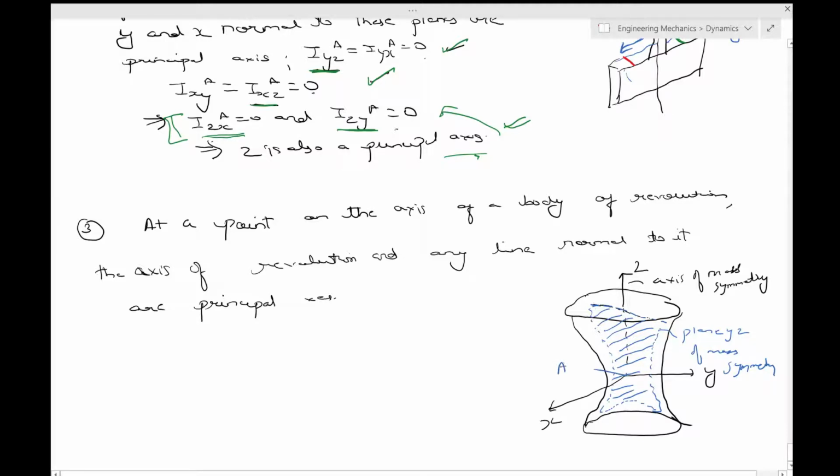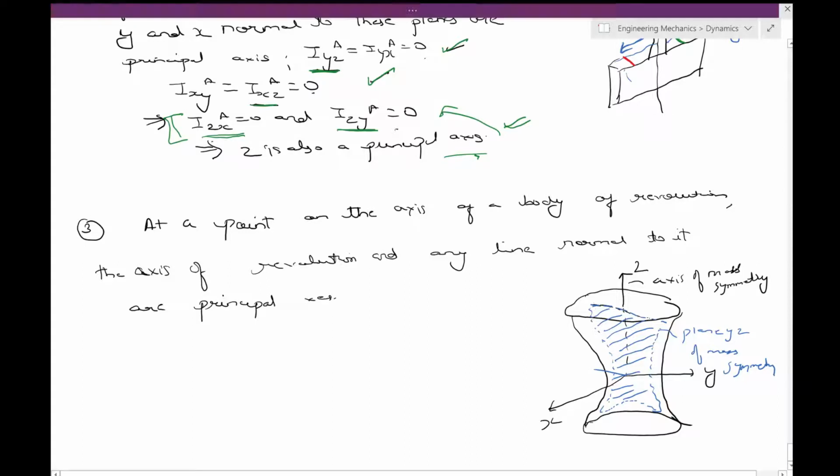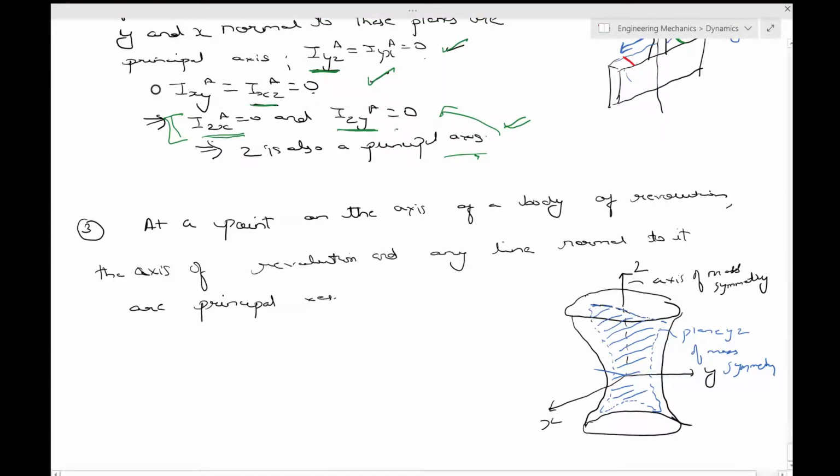This is A. So for a point A on the axis of revolution Z, you can see the axis of revolution is Z. Okay, A is on it.